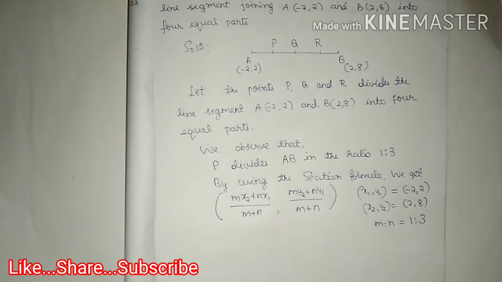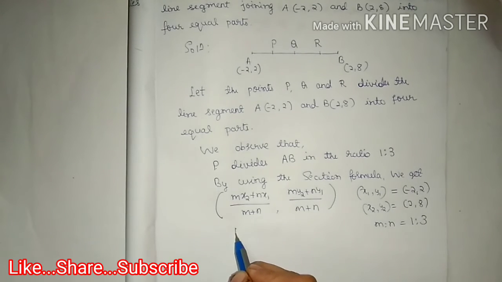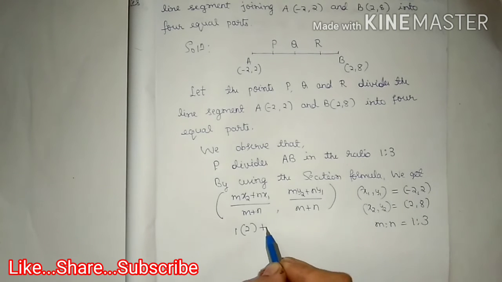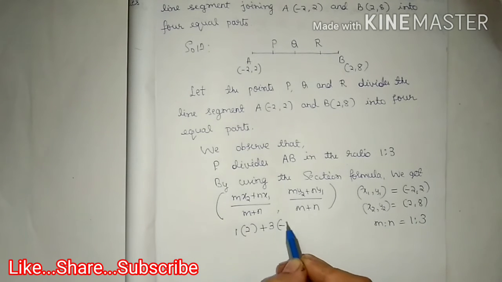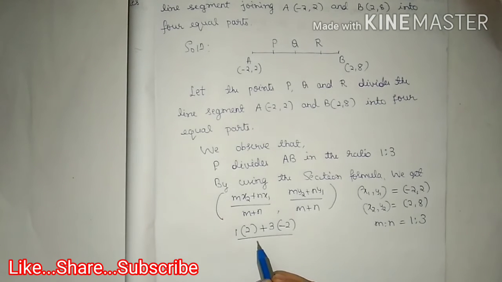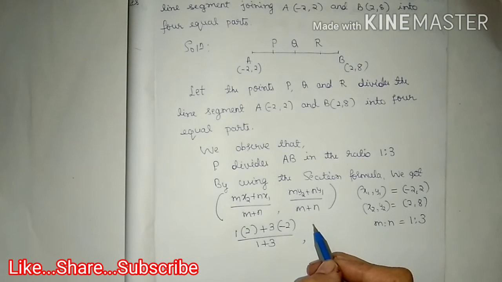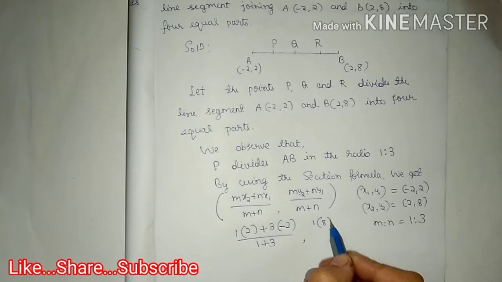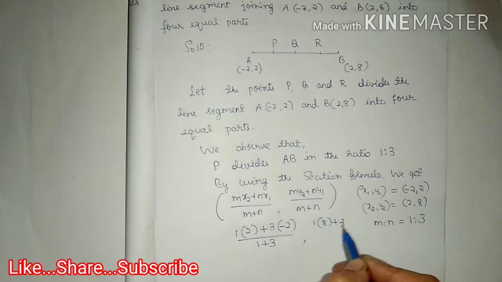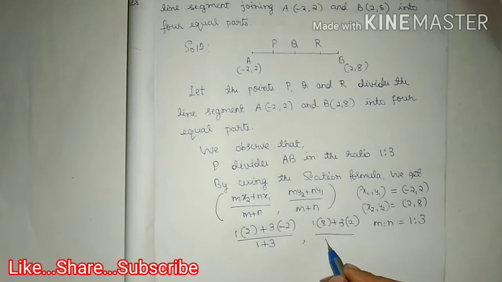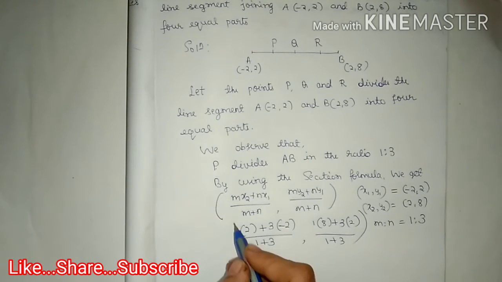To get the coordinates of P: x coordinate is (1 × 2 + 3 × (-2))/(1 + 3). Y coordinate is (1 × 8 + 3 × 2)/(1 + 3).